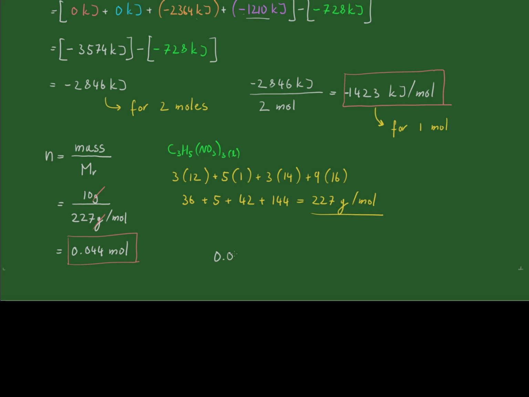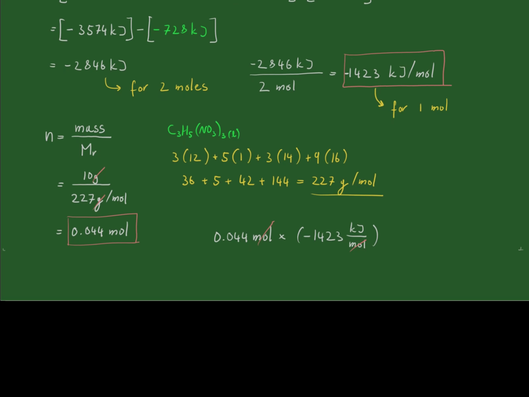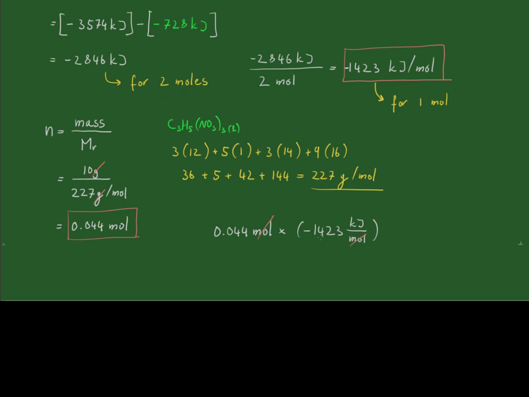So 0.044 mole multiplied by negative 1,423 kilojoules per mole. Moles and moles will cancel, which means I will be left with kilojoules only, and that's fantastic.